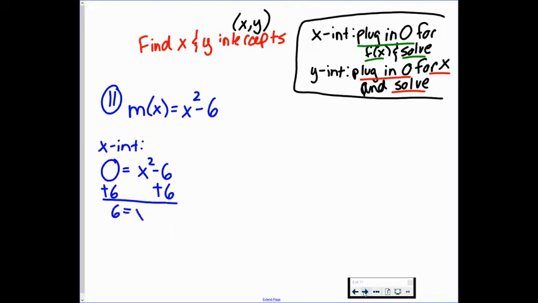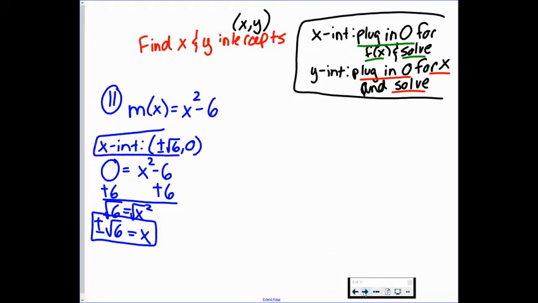So 6 equals x squared. To undo something that's squared, I'm going to take the square root, which gets x by itself, and the root of 6 is on the other side. Because we took a square root, remember you always have a positive and a negative. So this x-intercept is plus or minus root 6, comma 0. Make sure to write that as an ordered pair.